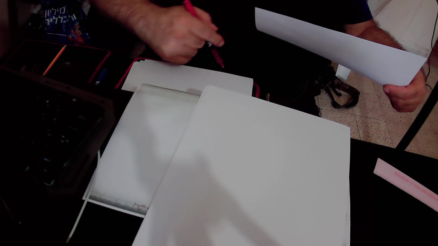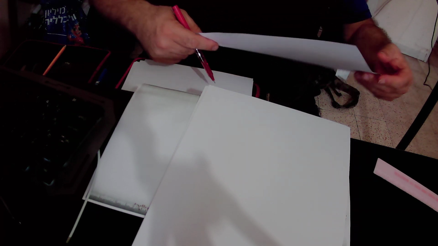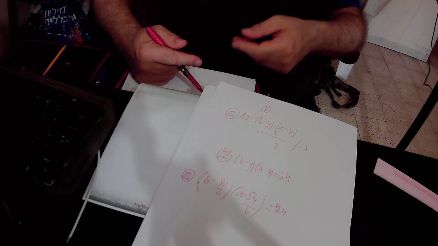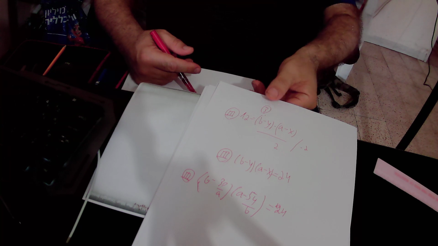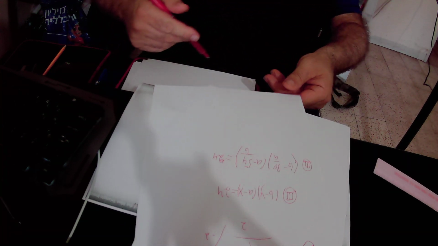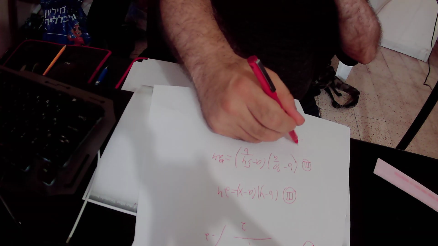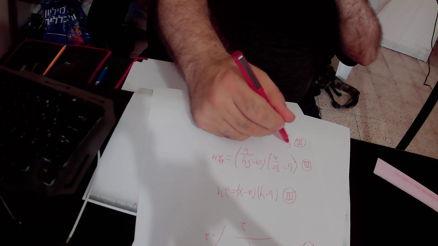So here we will open the brackets. B times a is ab.